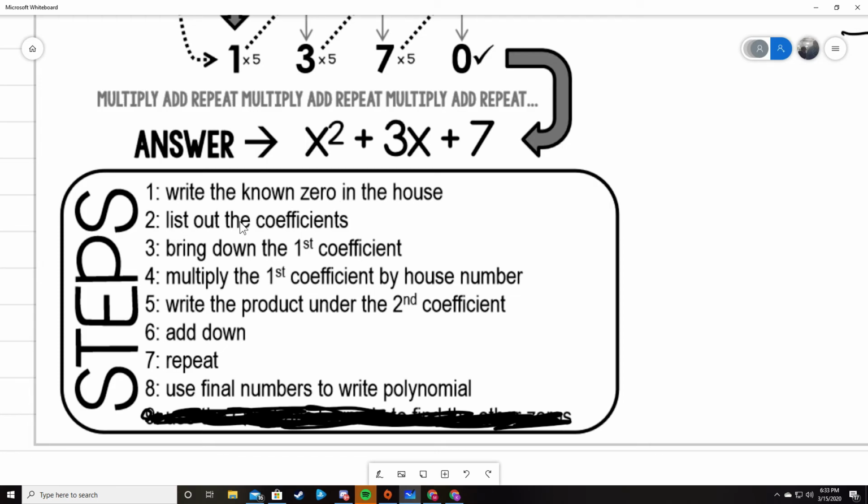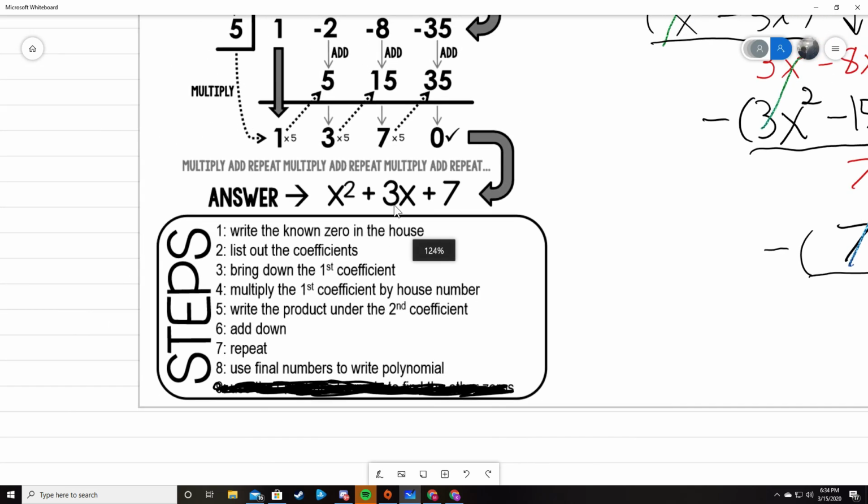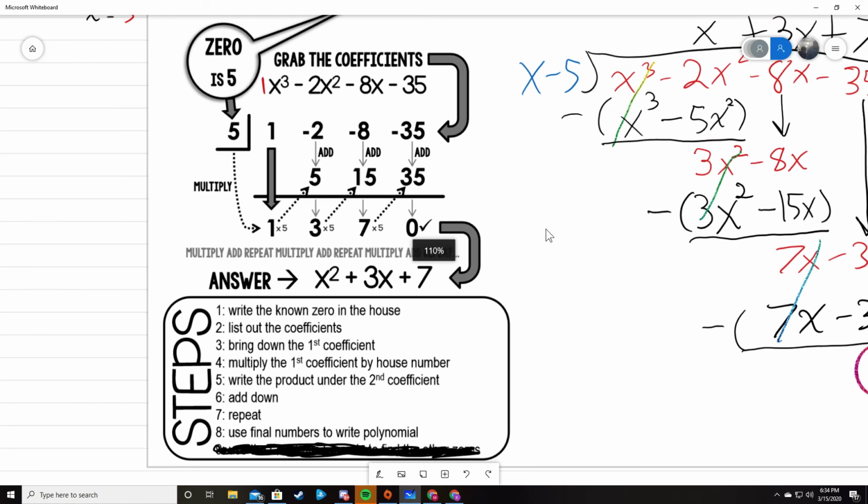Then we're going to list out all our coefficients from our division. Then we bring down the first coefficient, and we're going to multiply that coefficient by the number that's in the house. Then we're going to write the product under the second coefficient. Then we're going to add down, and then we're going to repeat this until we get to the end. And that's going to end up giving us our final answer.